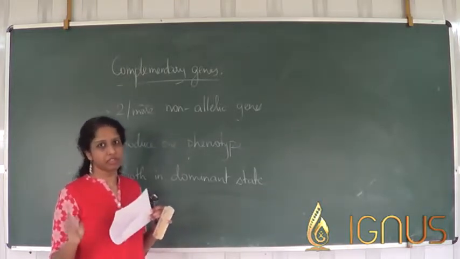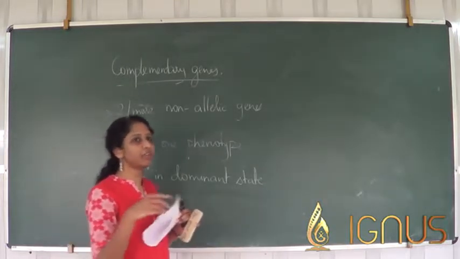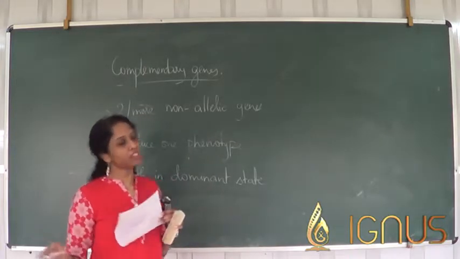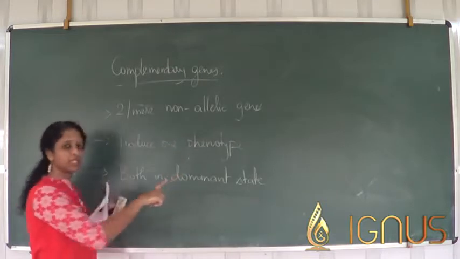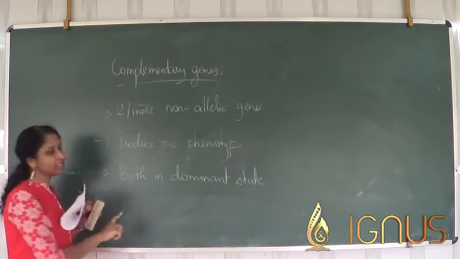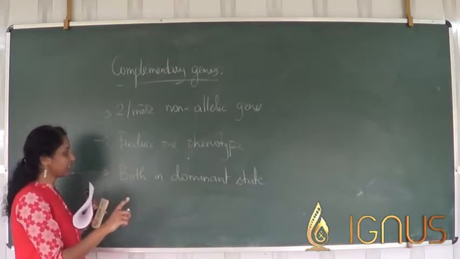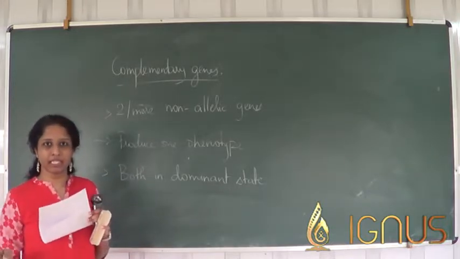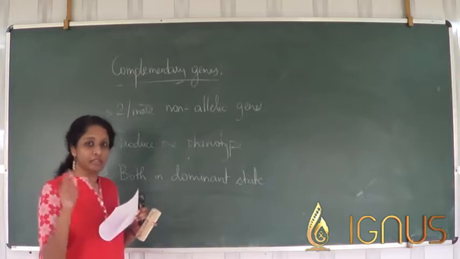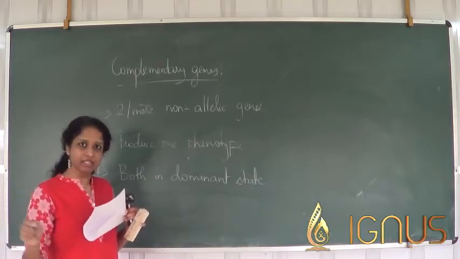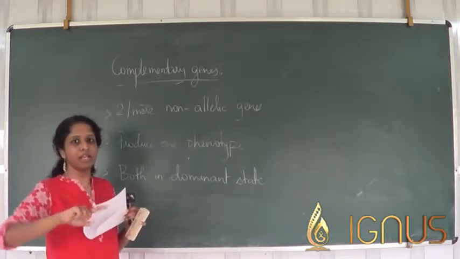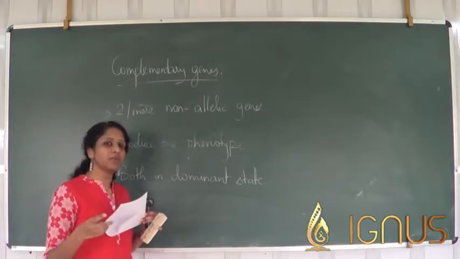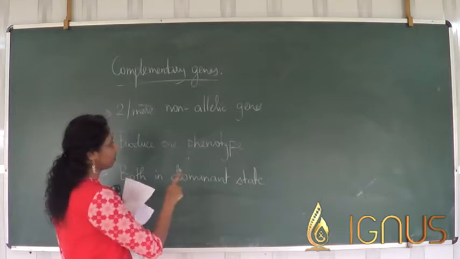They can be found on the same chromosome, but even if they are not, they are still going to interact with each other and give rise to one phenotype. And another condition with complementary genes is that both of the genes need to be in a dominant state. So at least one allele of each of the two genes needs to be in a dominant state, and only then it is going to give rise to the phenotype.